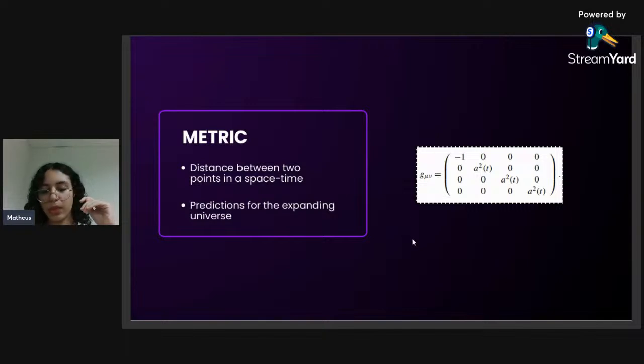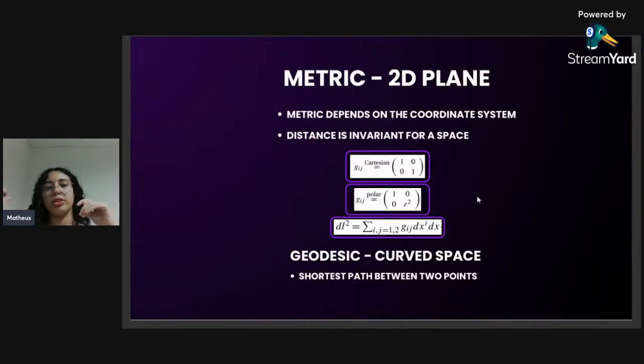Another example of a metric is a metric in a 2D plane. Here, for example, we have a metric for Cartesian coordinates, and here below, we have a metric for polar coordinates. They are different because the metric depends on the coordinate system.